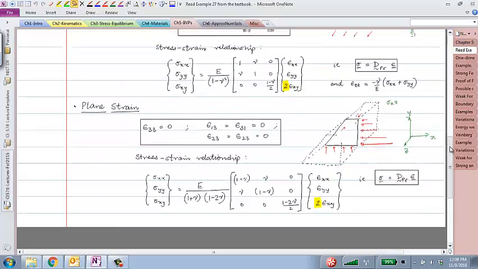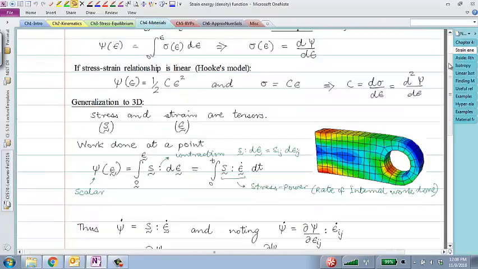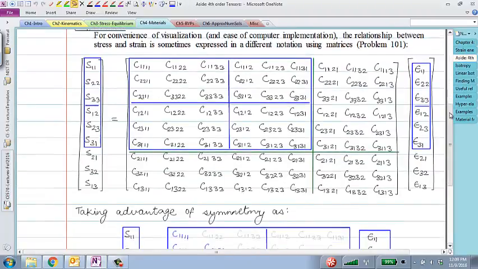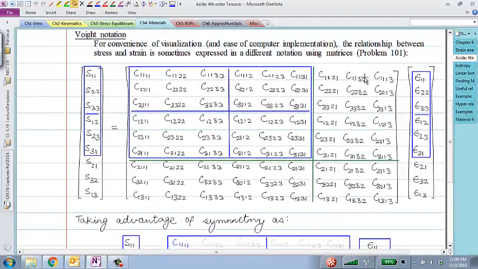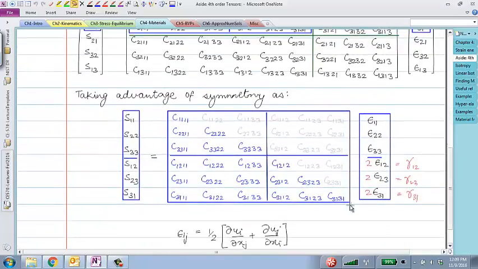And the way we get this is actually from materials. You remember we set up this big, huge 9 cross 9 system. We boiled it down to this 6 cross 6 system. Now, if I say it's a plane strain problem, for example, plane strain means epsilon 33 is 0, epsilon 23 and epsilon 31 are 0.